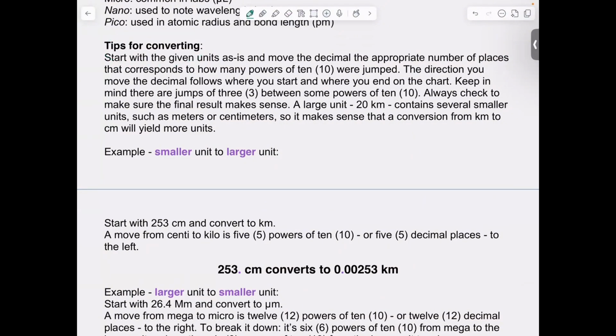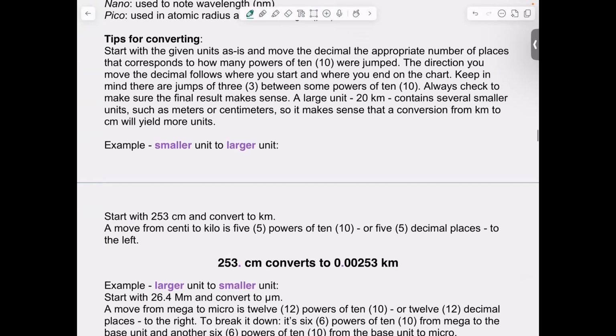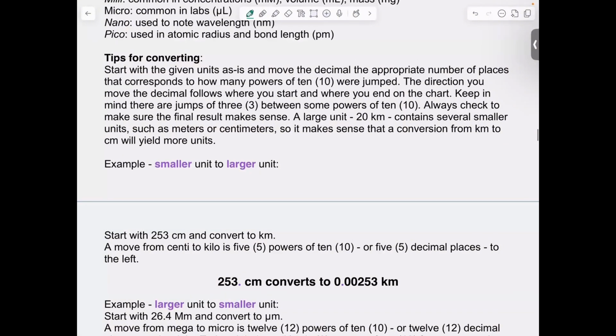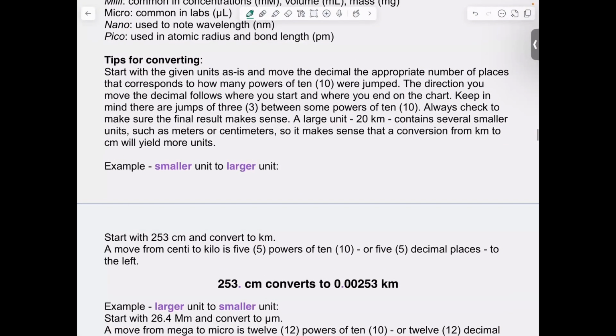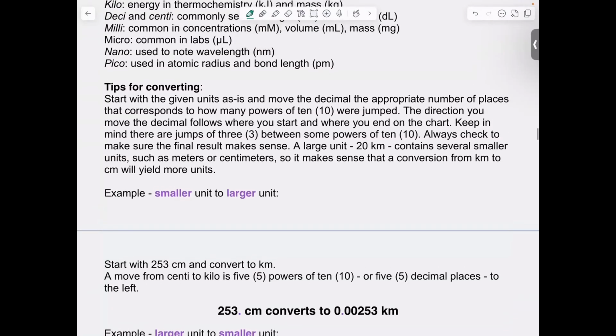Now, if I have, for instance, 253 centimeters and I want to move it over to kilometers, so I'm doing a conversion and I'm using this chart. Again, I will show you how to apply ratios and get to the same end number or quantity that you want. And I'll show that in the review problems that we have at the end of the series.